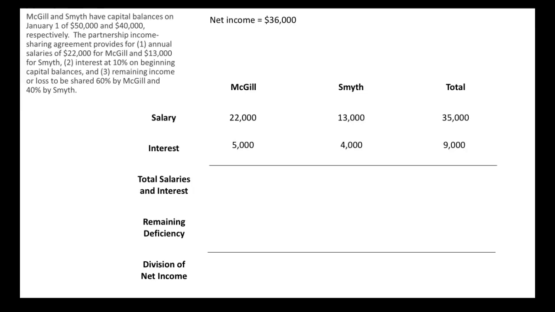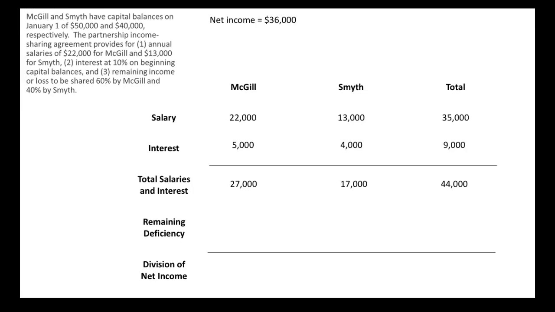So far, nothing has changed. Total salaries and interest, we're still just adding down. 22,000 plus 5,000 and 13,000 plus 4,000. So these first three lines are exactly the same no matter what the net income is.